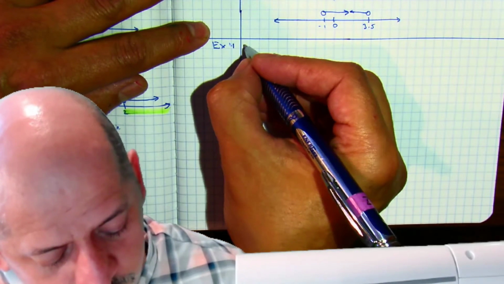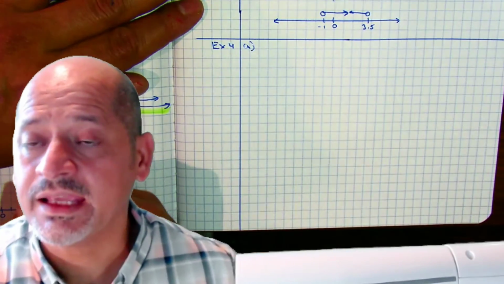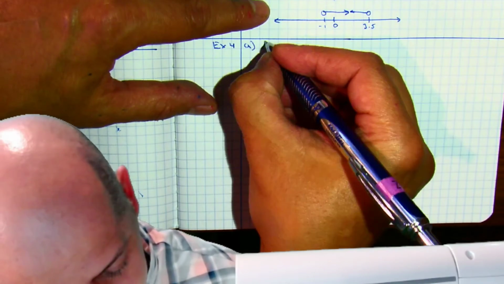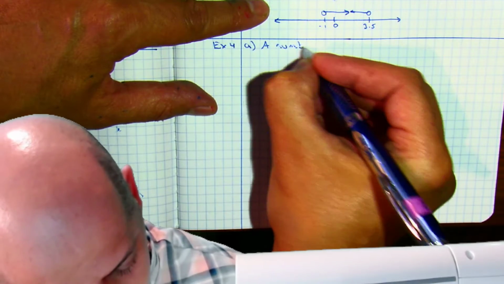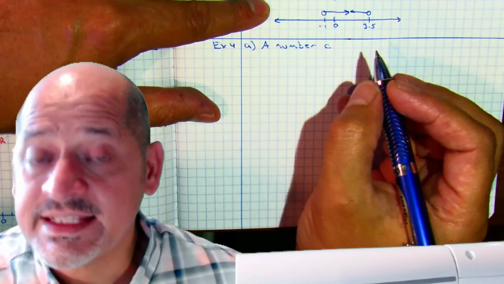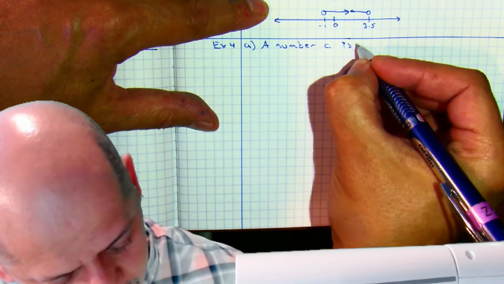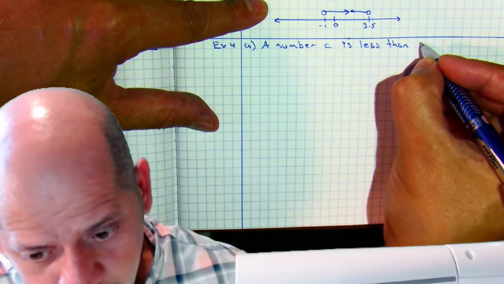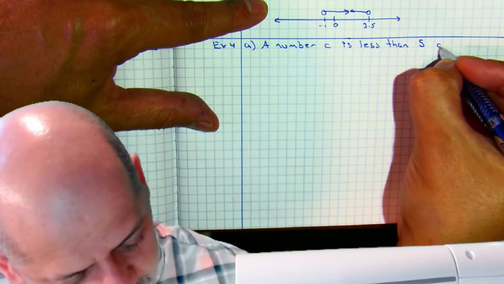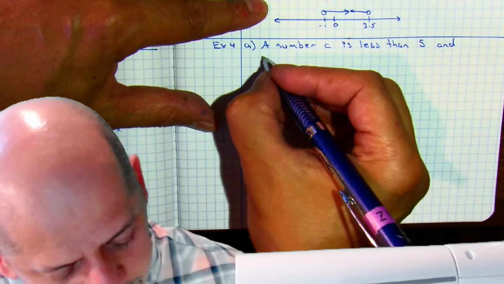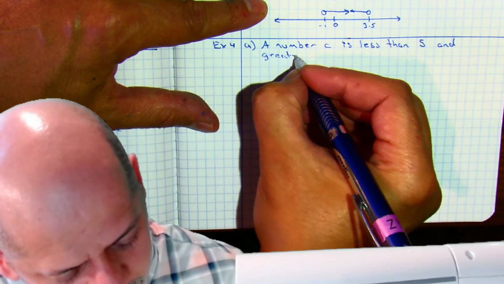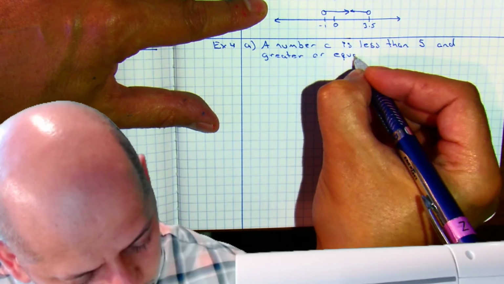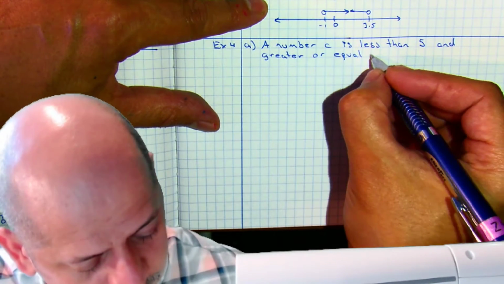And what we're going to do, we're going to rewrite this as a compound inequality. A number C is less than 5 and greater or equal to -2.